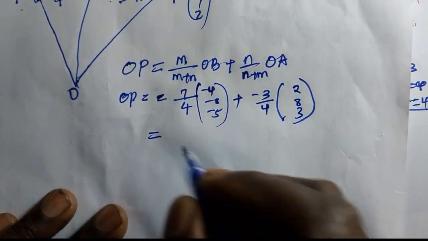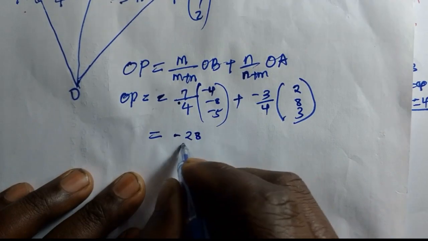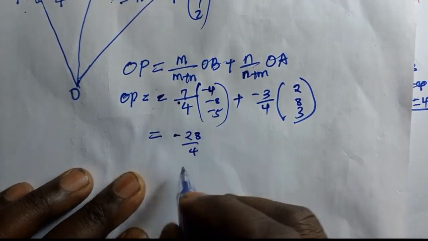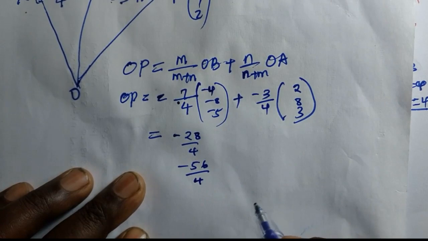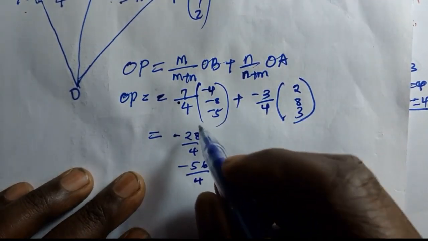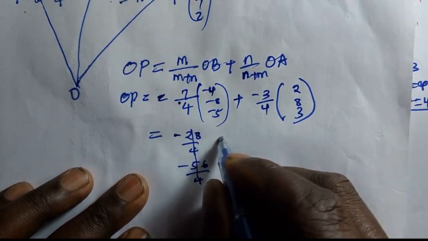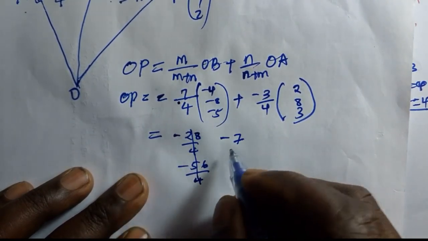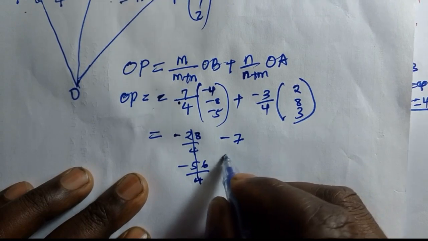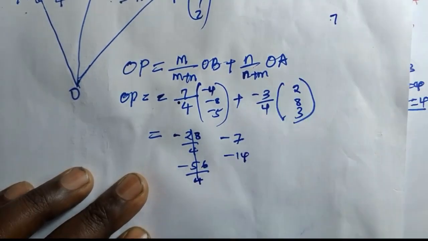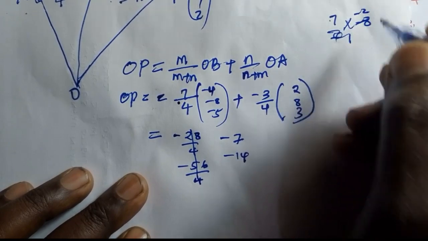So this one is the same as this times that, you will get negative 28 over 4. This times this is negative 56 over 4. Actually, this cancels out, so 4 will cancel out, so we'll have negative 7. 7 over 4 times negative 8, we will have negative 14.